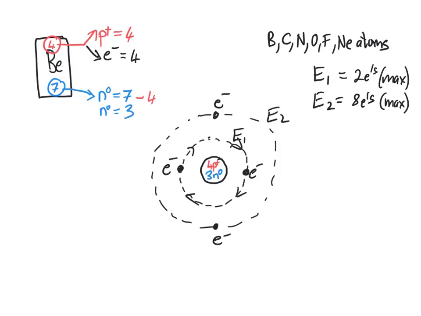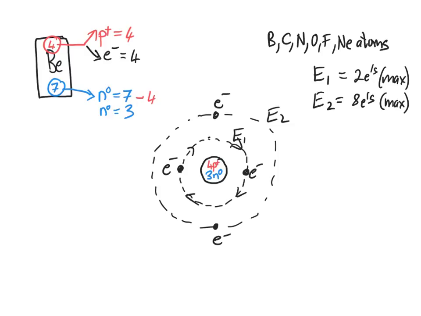So in doing boron, carbon, nitrogen, oxygen, fluorine, and neon, the electrons that you are going to be adding every time, because by now I hope you've realized and noticed that as we move from left to right on the periodic table, each time we are adding a proton in the nucleus, and we are also adding an electron in the outermost energy level.